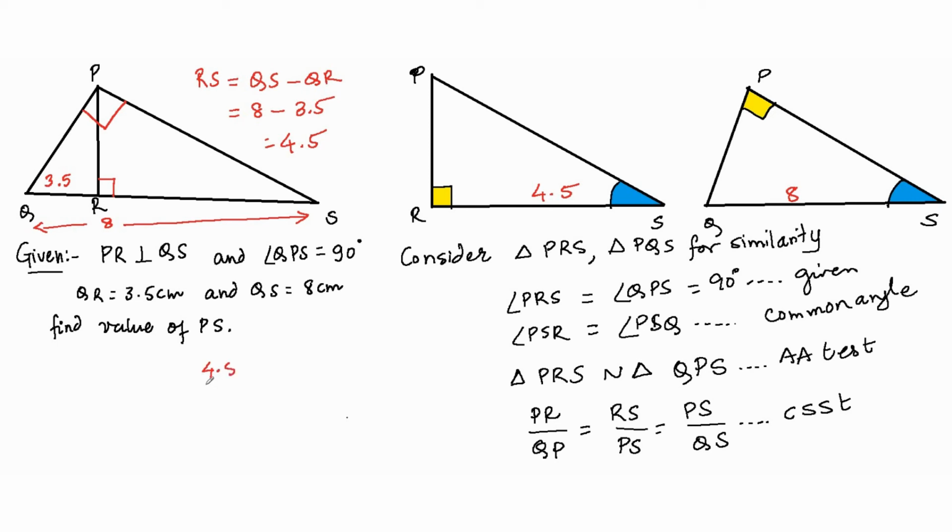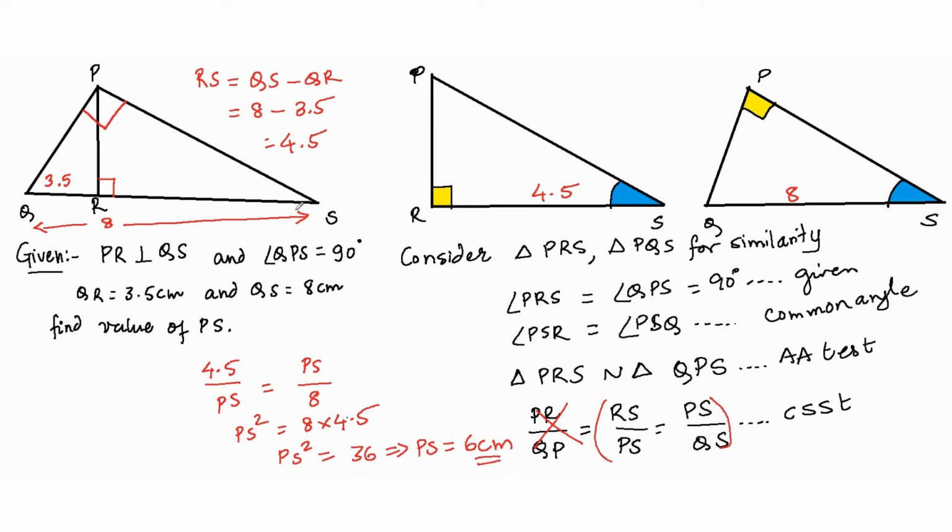RS is 4.5 divided by PS. PS is not known. I have to find it. Is equal to PS divided by QS is 8, right? So what I did was, because this particular part was not relevant, I just took these two ratios and therefore cross multiplying I get PS square is equal to 8 into 4.5, which means PS square is equal to 36 and that implies PS is 6 centimeters.